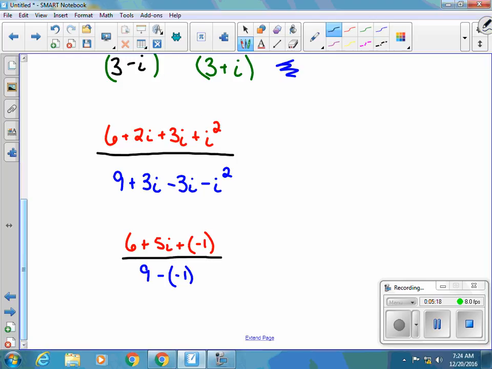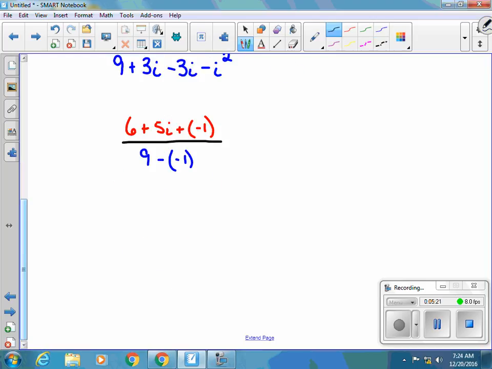So I'm just going to simplify this a little bit further. I've got positive 6 minus 1 gives me 5, plus 5i, divided by 10. Now, notice all 3 of these numbers can be reduced.